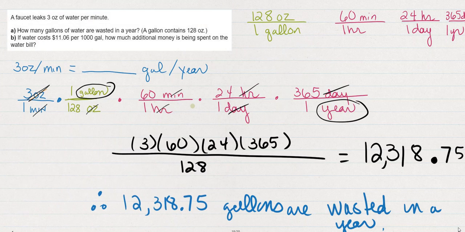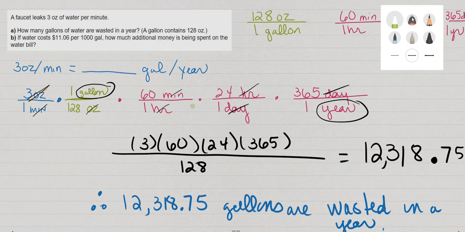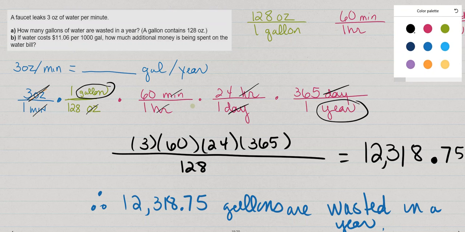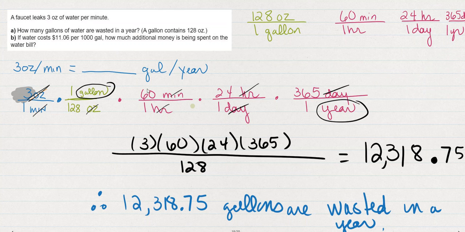Here's what it would look like. 3 ounces times 1 gallon over 128 ounces times 60 minutes over 1 hour, and so on. After I do the dividing out, the minutes with the minutes, the gallon is left, ounces reduce with ounces, hour reduces the hour, day reduces day. Let me highlight these to make sure you see what we're left with. We've got a 3, a 60, I can just disregard the 1, right? 24, 365.